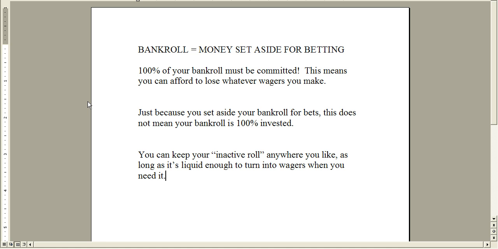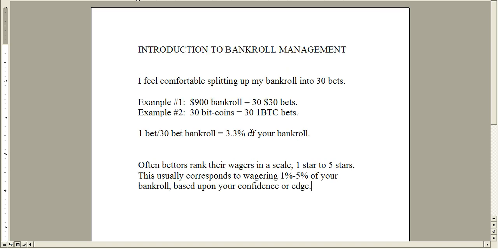You can keep your inactive roll anywhere you like as long as it's liquid enough to turn it into wagers when you need it. I suggest if you're not going to make more than 4 bets in a day, then don't keep more than 4 bets on your sportsbook account. You can keep the rest of the money in your checking account or under your mattress or in bitcoins or wherever you want, as long as you have it ready to turn into bets when you need to turn it into bets.